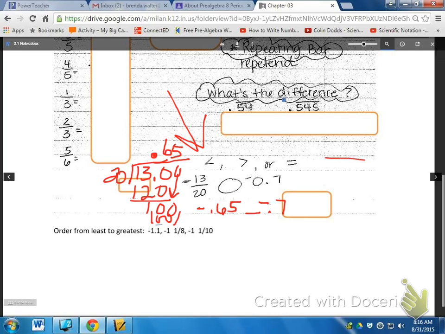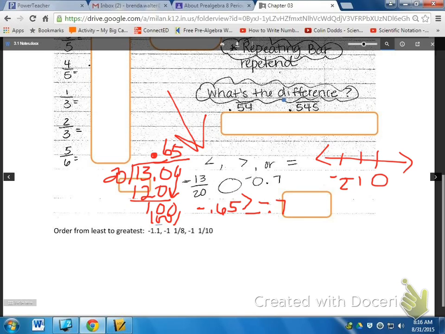Remember, on a number line, there's 0, there's negative 1, there's negative 2. You see how they go in reverse? So negative 0.65 is actually greater than. It's closer to 0 than negative 0.7. They go in reverse. So you got to be careful on the negative side. They go in reverse.